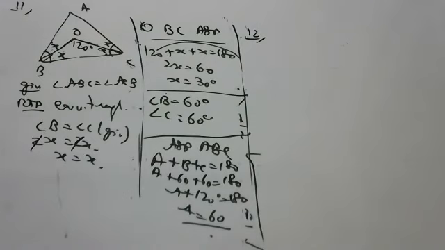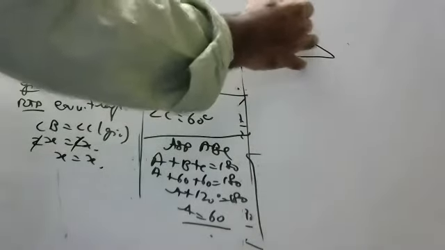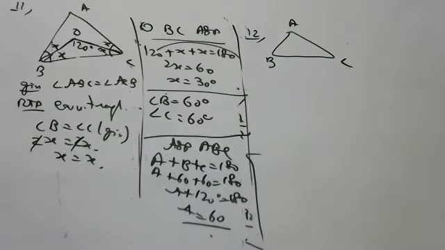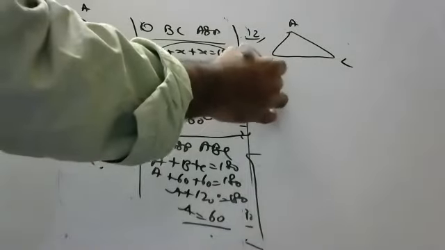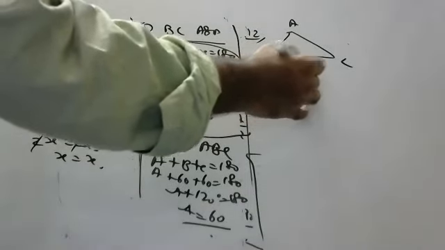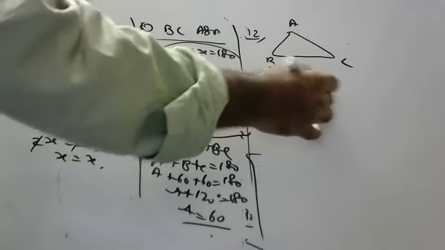Children, if each angle of a triangle is less than the sum of the other two, then show that the triangle is an acute angled triangle. What is the question saying? In triangle ABC, each angle is less than the sum of the other two.